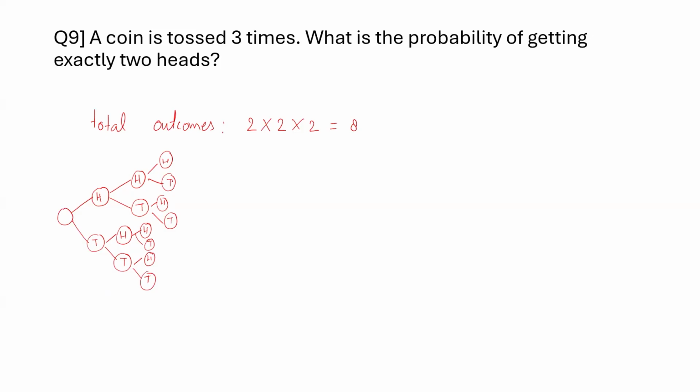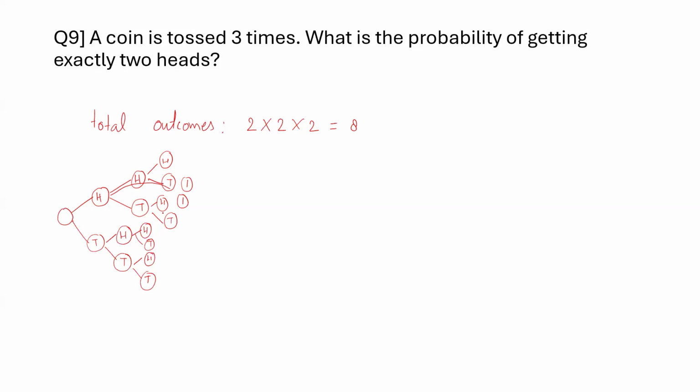Now just count. They are interested in exactly 2 heads. So in the first case you will have H, H, H. No, this we don't want. Second case you will have H, H, T. So this one you can consider. So 1. And then here you have H, T, H. Again, this one you can consider.